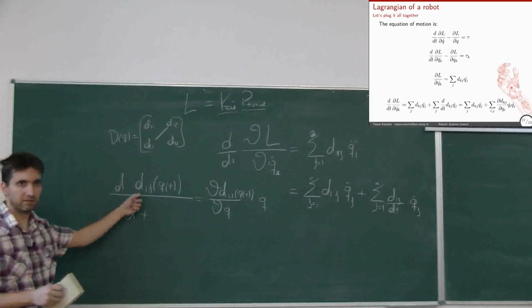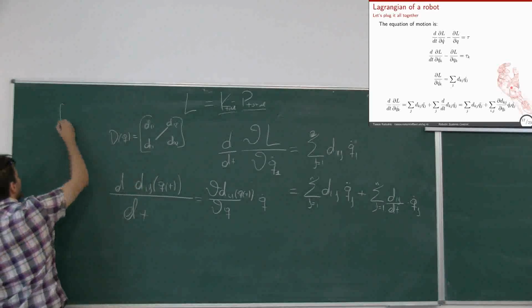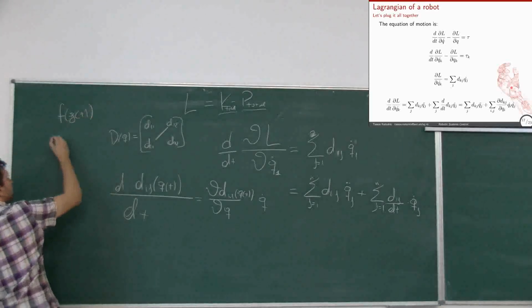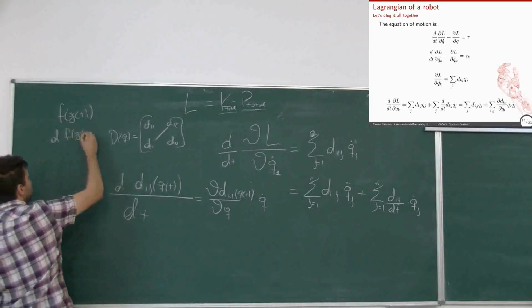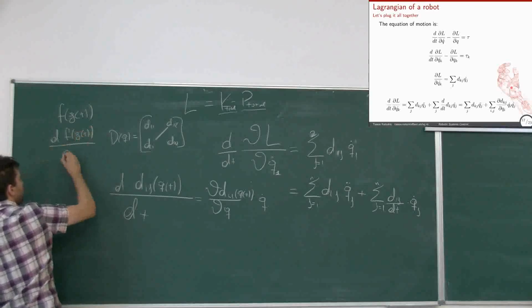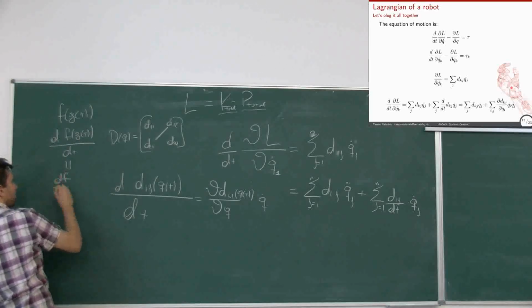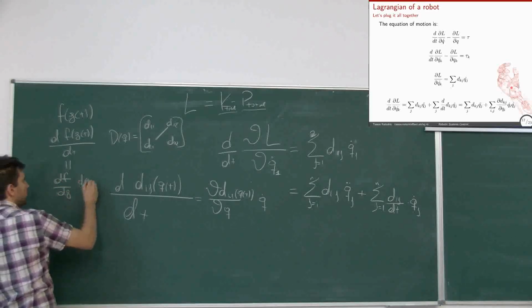Do you remember this rule? Like, if I have an f which is a g of t, the derivative of f of g of t with time is equal to the derivative of f with g times the derivative of g with time.